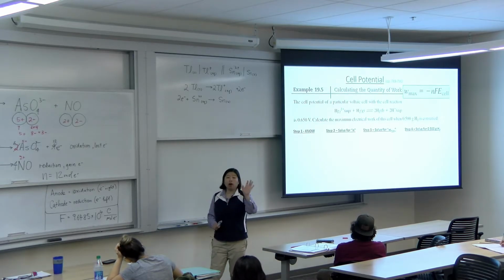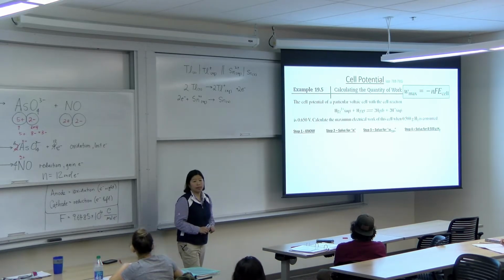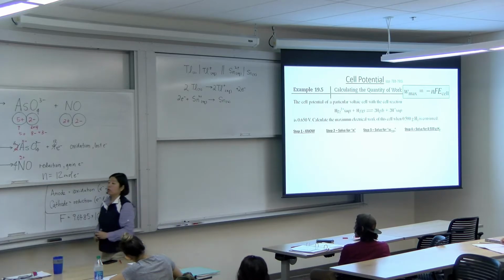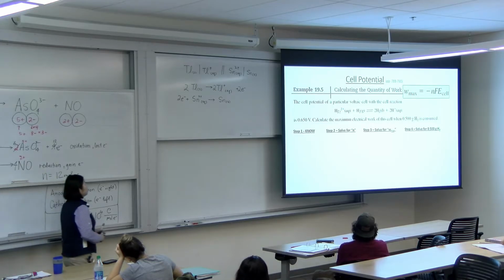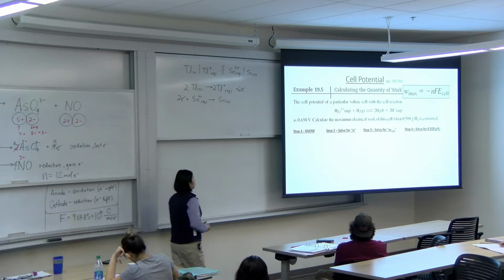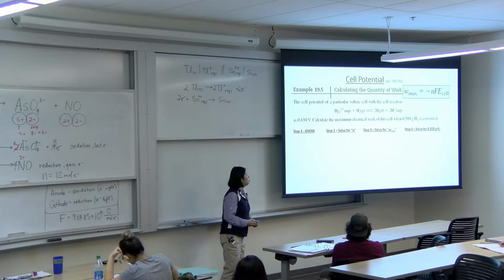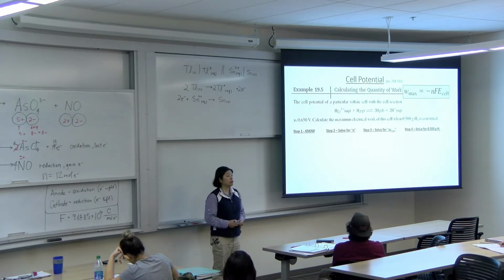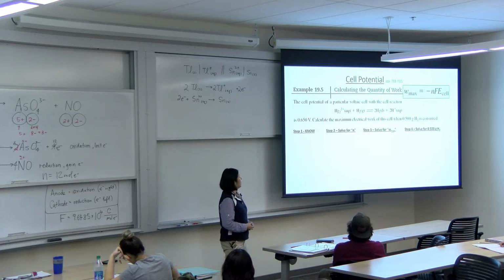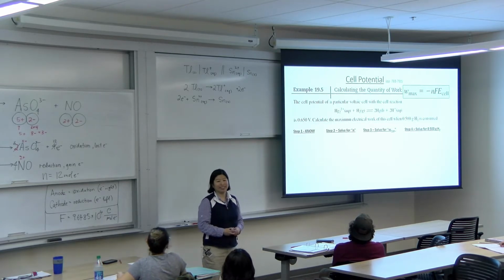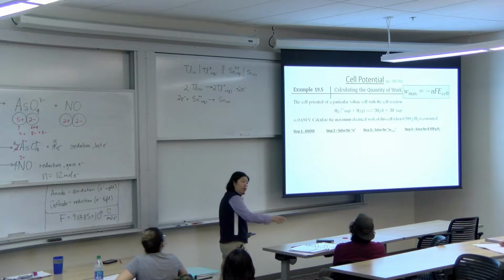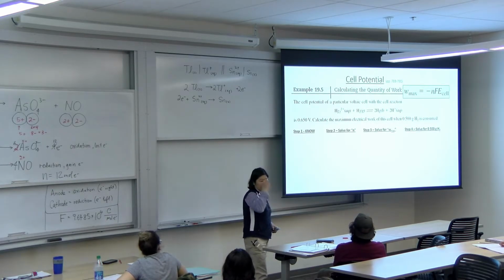But before we calculate W max, let's write down what we know. What do we know? Do we know moles right away just by looking at it? Well, maybe we do. Some of us do. But what is the best way to figure out moles? Right.